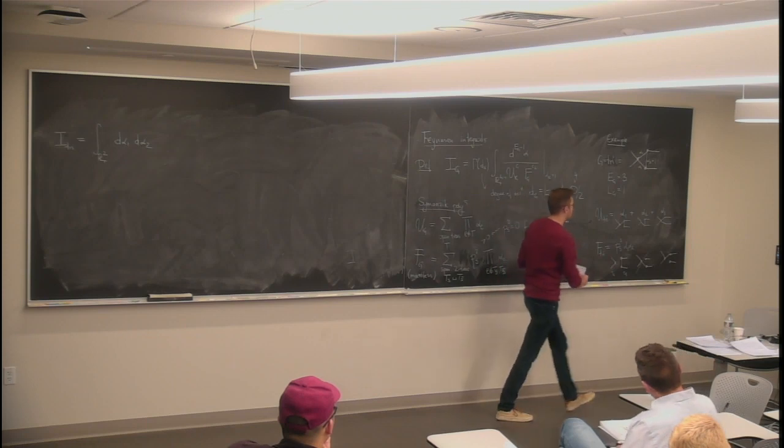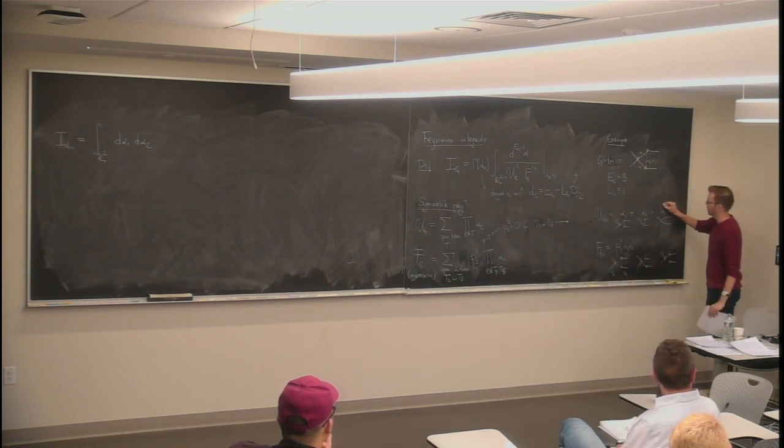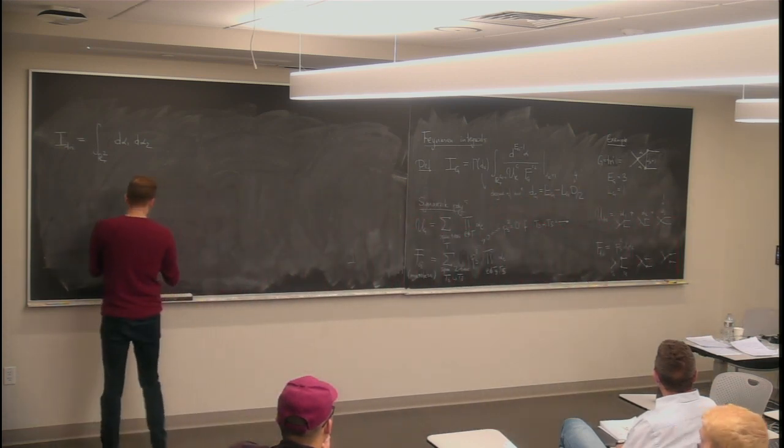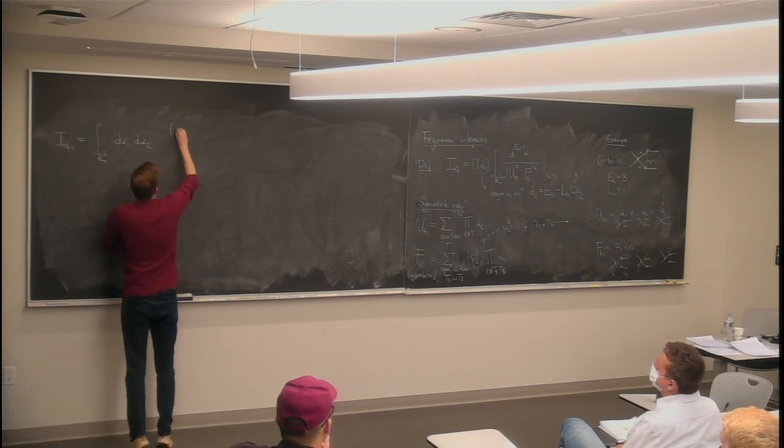Then we have the U polynomial to some power and the F polynomial to some power. We've already set the last edge to be 1, so this polynomial is in fact alpha 1 plus alpha 2 plus 1.